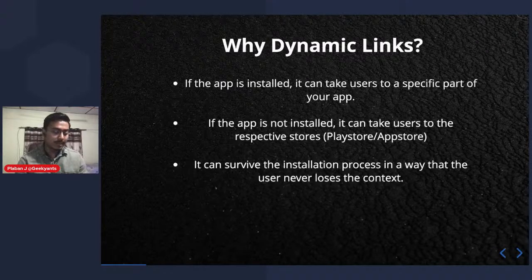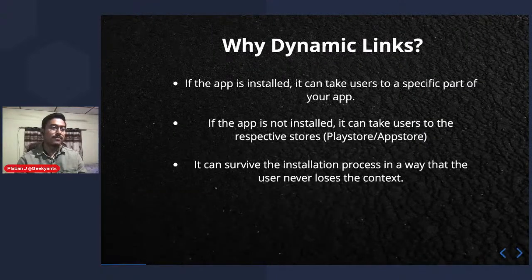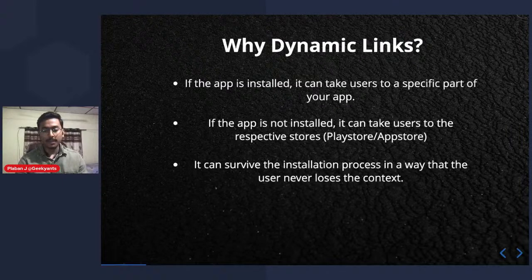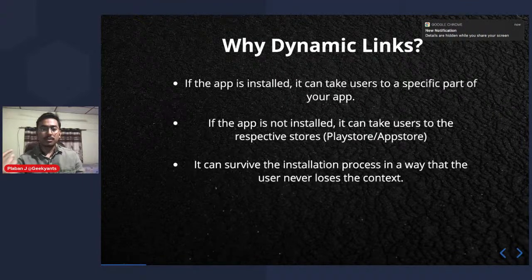So what do I mean by that? For example, your user was on your website and they clicked on a specific offer link. But the app wasn't installed, so they go straight to the Play Store.